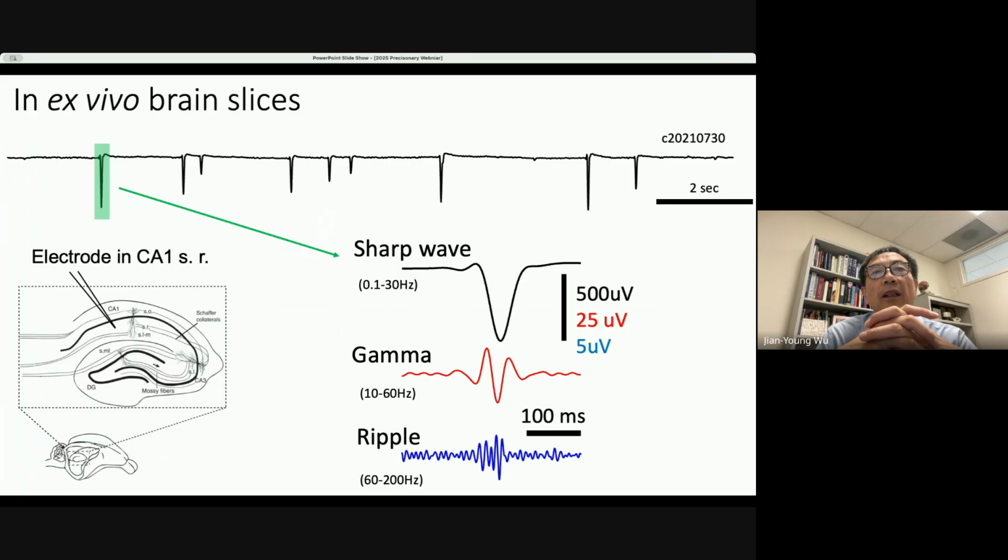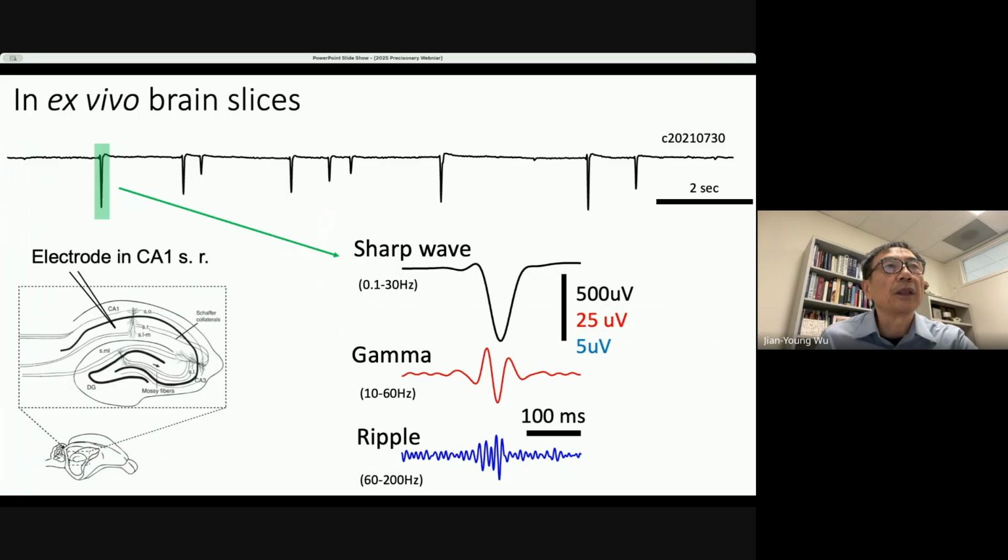In the ripple oscillation, those synchronized groups are smaller, so the power is less, and the out-of-phase ripple oscillations cancel each other, so the overall amplitude is smaller. So this is what a sharp wave looks like in ex vivo brain slices.